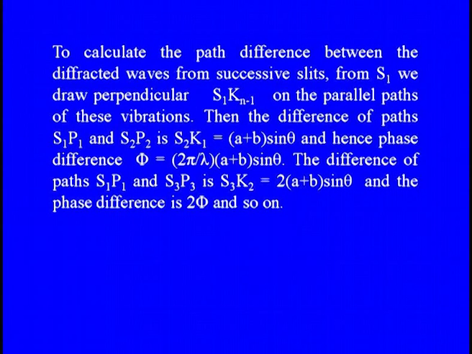Then the difference of paths S1P1 and S2P2 is S2K1, which is equal to (a plus b) sin theta, and hence the phase difference phi would be 2 pi by lambda into (a plus b) sin theta. Similarly, the difference of paths S1P1 and S3P3 is S3K2, which is equal to 2 times (a plus b) sin theta, and hence the phase difference will be 2 phi.